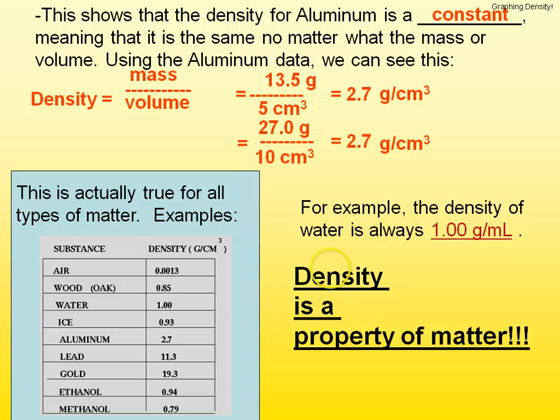So you're going to put that on that little line next to always, but on the big line with the 3 exclamation points, you're going to write this: density is a property of matter, because that is a huge concept that you need to understand and put in your brain.